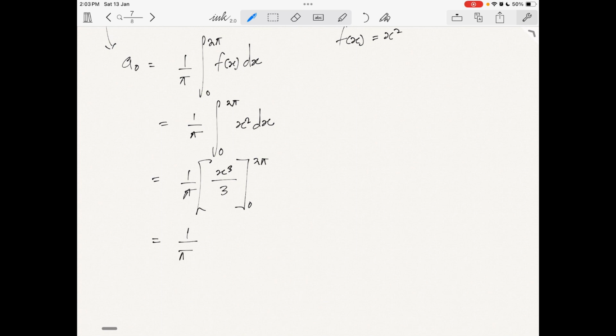So this will give us 1 over pi of 2 pi cubed divided by 3 minus 0 raised to 3 divided by 3.